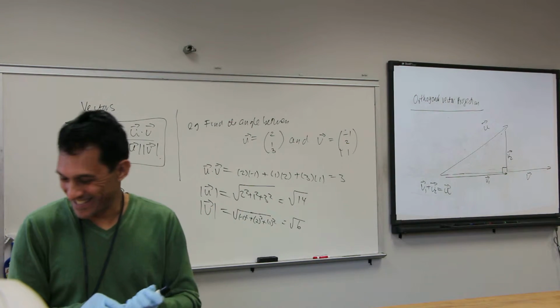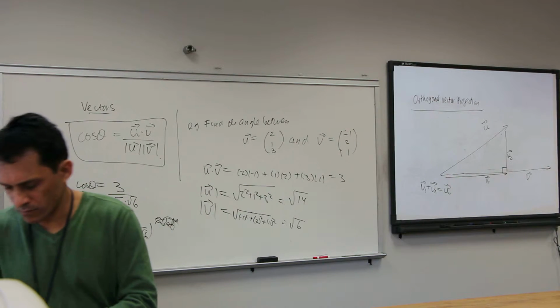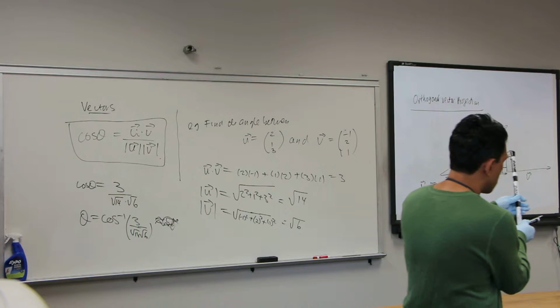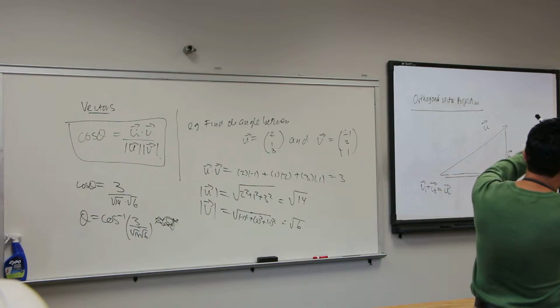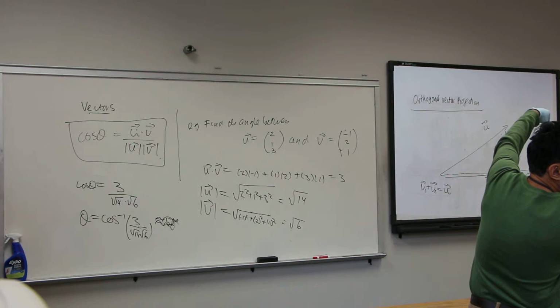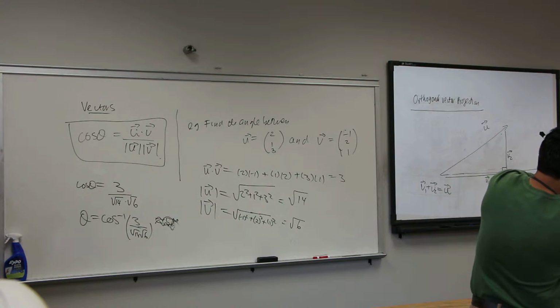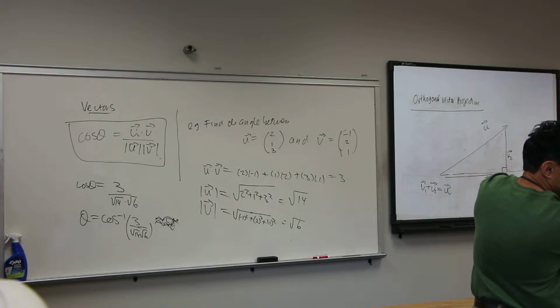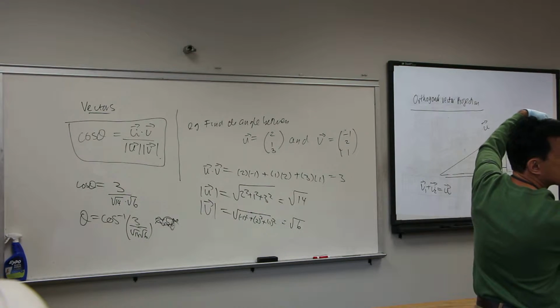You cannot, huh? Let us just say, break up this vector as that vector plus that vector, one of which is parallel to this, and the other one is perpendicular to this.